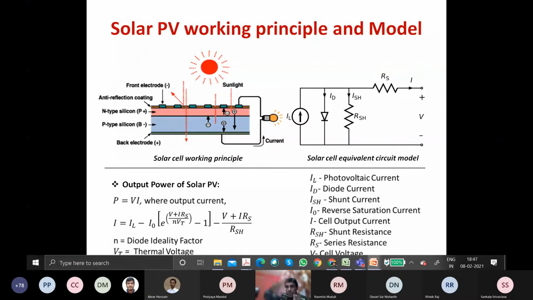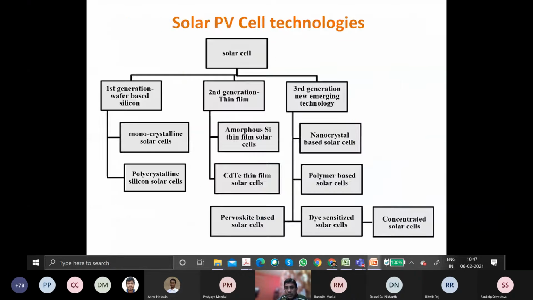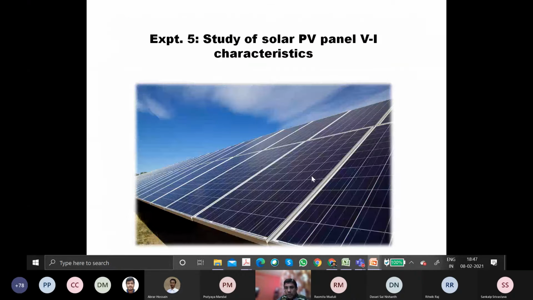When these modules are interconnected in a combination of series and parallel, it becomes an array. So the first picture from which I started is showing an array. This is one module. This aluminum white color boundary is one module, and within that there are rectangles. You see. Can you see my mouse?